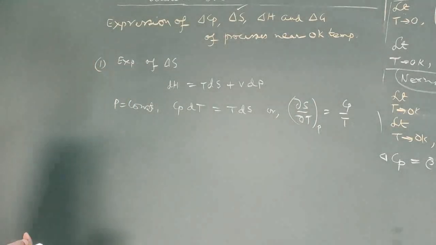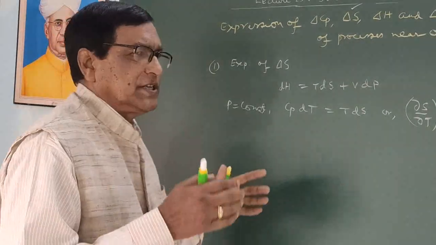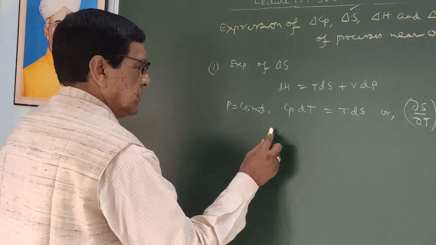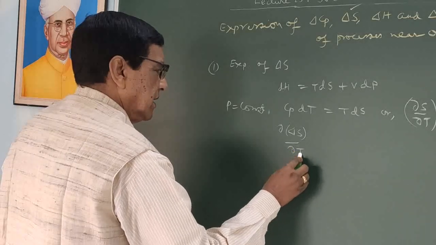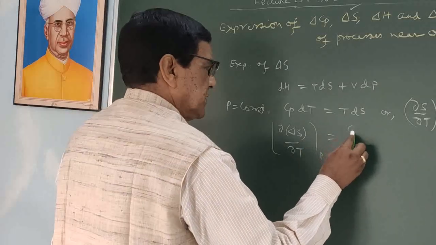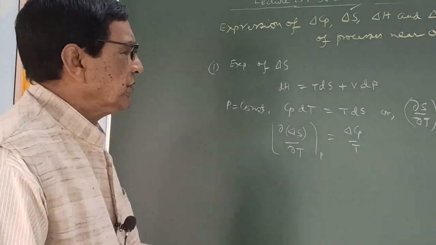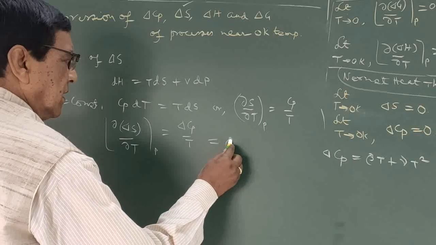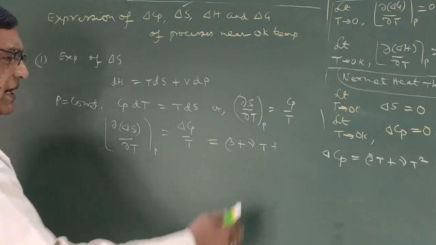Cp is the molar heat capacity. And if we consider the process which involves the initial state and final state, this relation becomes del S by del T at constant pressure equal to this del Cp by T. If we put here the value of this del Cp, then this will be equal to beta plus gamma T only, plus dot for the other terms.